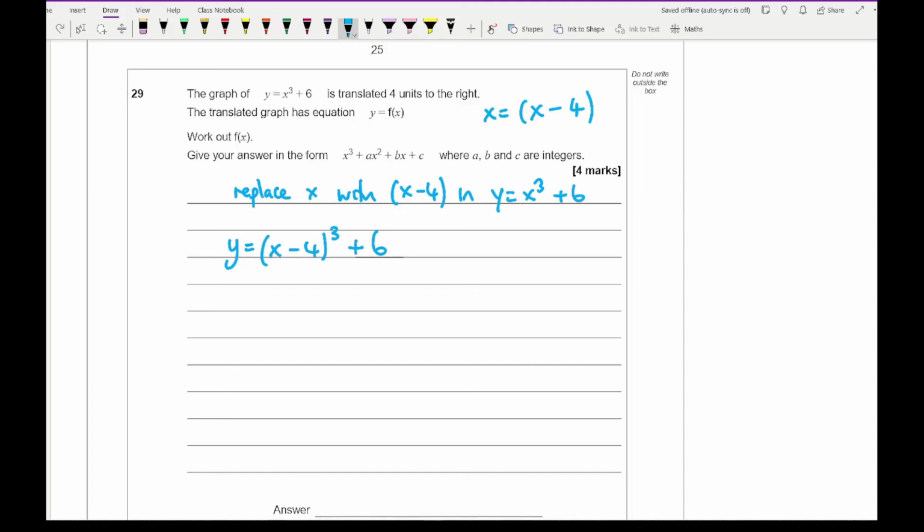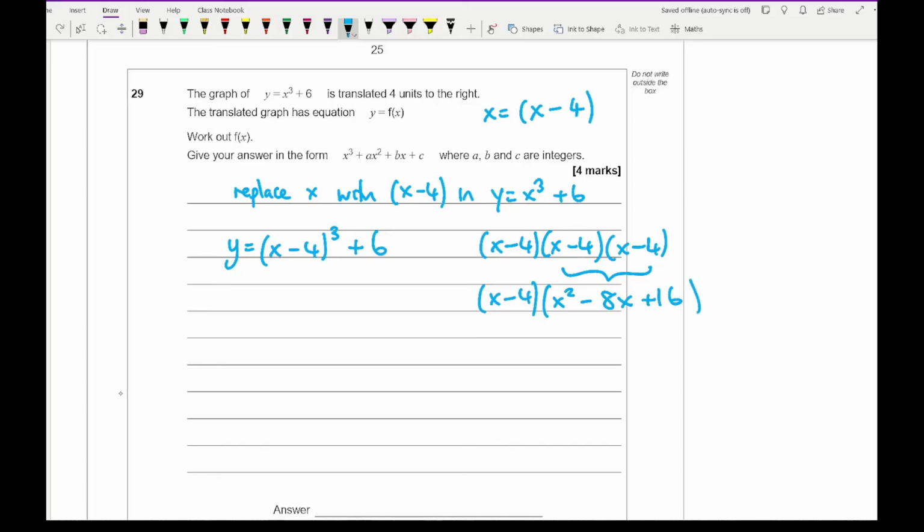Then I expand this out: x minus 4, x minus 4, x minus 4. Let's expand two of the brackets first to make it easier. I end up with x squared minus 8x plus 16, and that's times x minus 4.